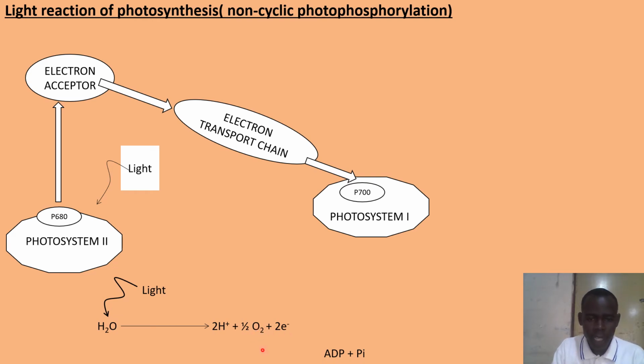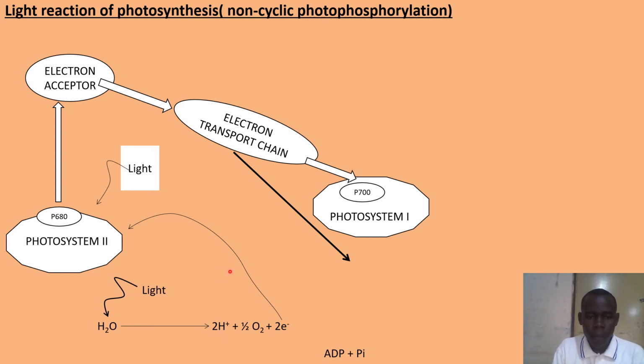The oxygen is given out as a byproduct. The electrons are used to replace the electrons lost from photosystem 2. What about the protons? We are going to discuss the fate of the protons later.